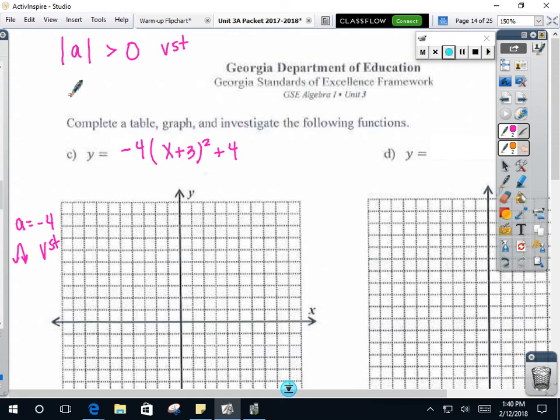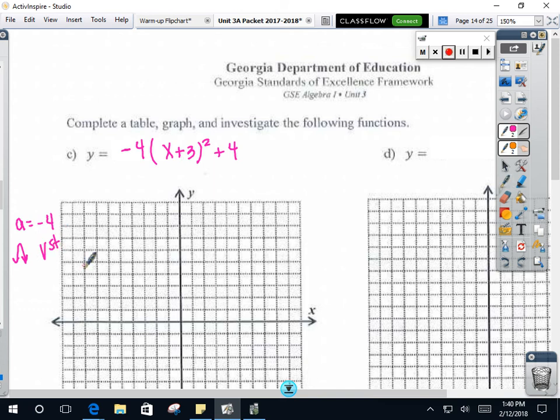So even though it's a negative 4, the absolute value of negative 4 is positive 4. You've got to focus on it like it's two different things. Separate the negative from the 4 and think of it as a negative and a 4. And they do two different things. The negative flips it upside down. The 4 is a number larger than 1, so it's a vertical stretch.